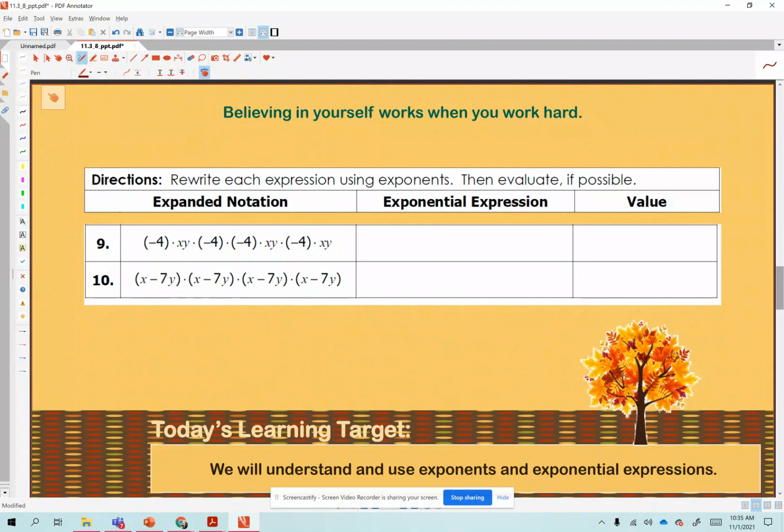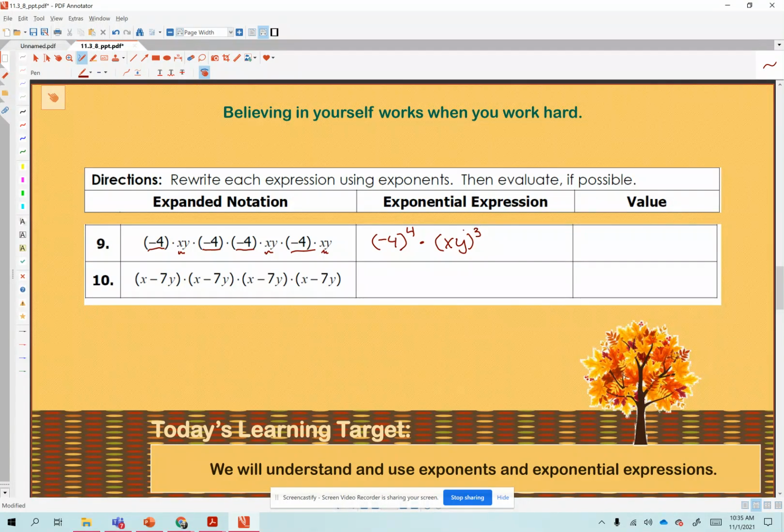So number 9, remember the commutative property means that we can move these terms around, and that's okay. So we have -4, and we have 1, 2, 3, 4 of those. -4 is our base raised to the 4th power times our xy term, we have 3 of those, (xy) to the 3rd, and I'm putting xy in parentheses so that I can include both the x and the y as having the exponent of 3.